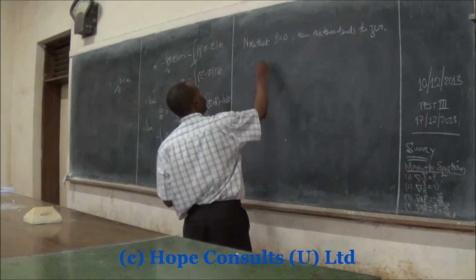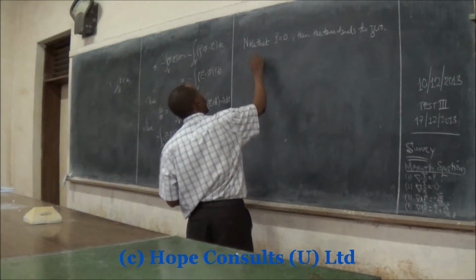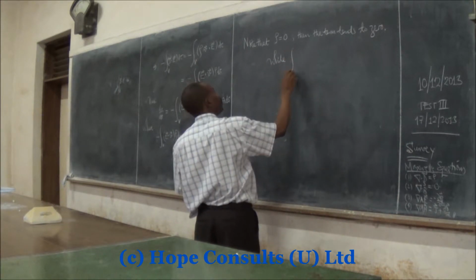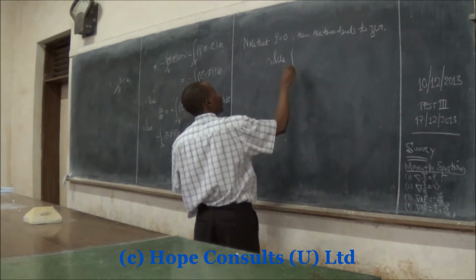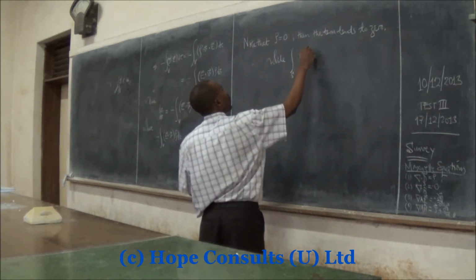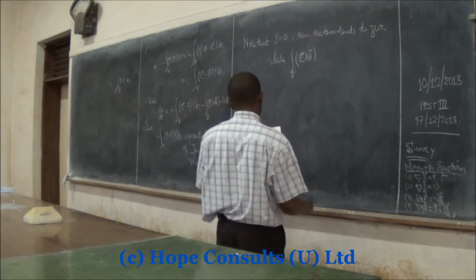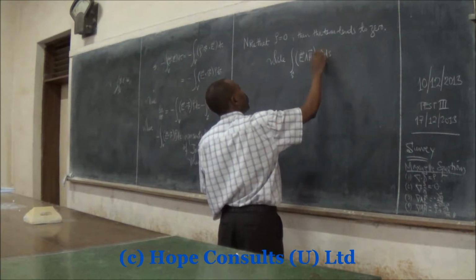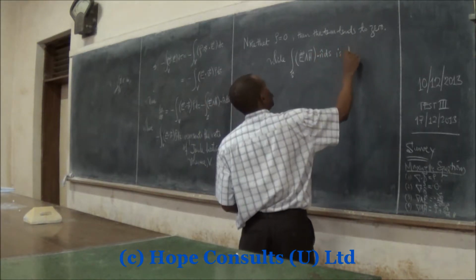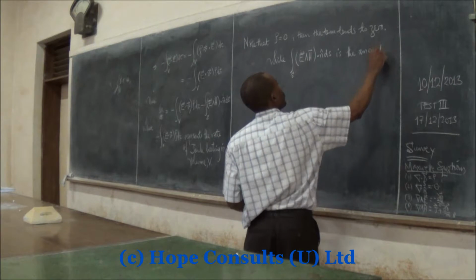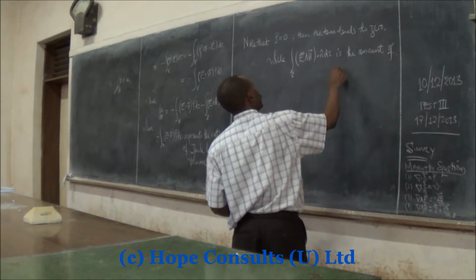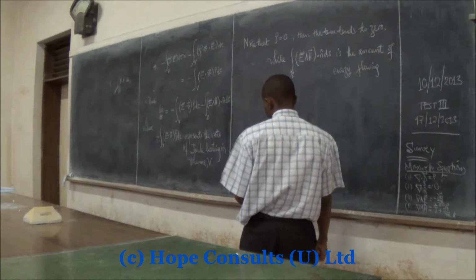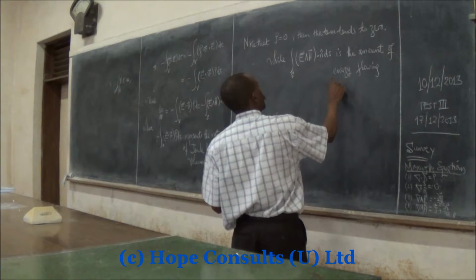While this other term, the integral over the surface S of E cross H dot n dS, is the amount of energy flowing outwards of the surface.